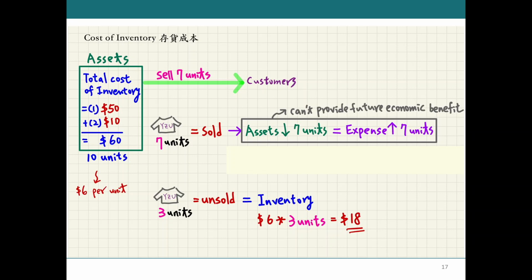So for the expenses about inventory, which account do we use? Cost of goods sold. So this expense about inventory, we call cost of goods sold, right? 销货成本, right? Why? Cost of goods means this is your inventory, right?